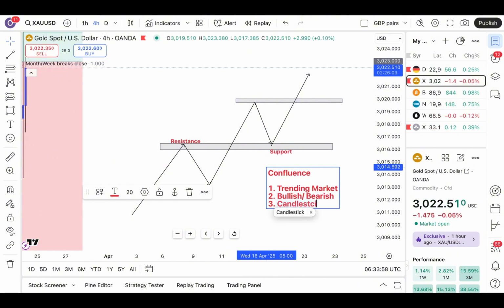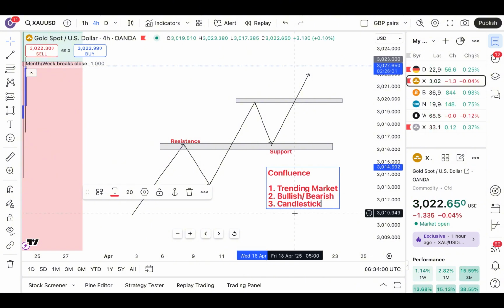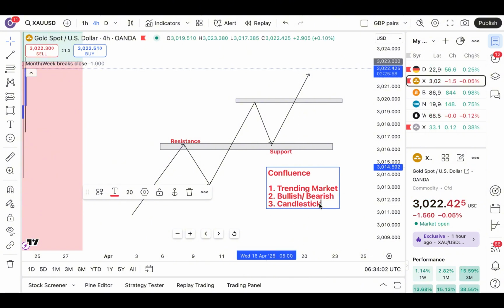Then you also need candlestick confirmations at the key levels, that's at the resistance that became a support, or at the support that became a resistance. You need to see proper candlestick confirmation. All of this together are confluences that give you confirmation and confidence to take your trades.